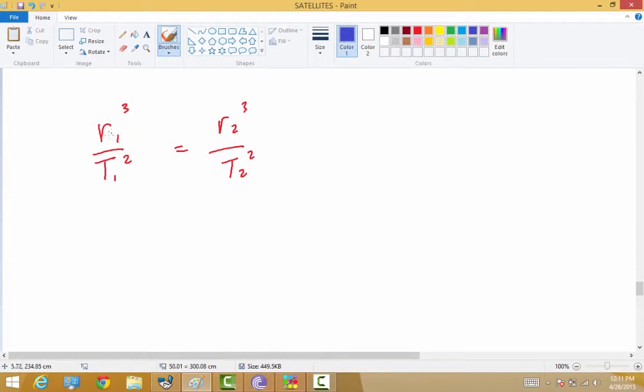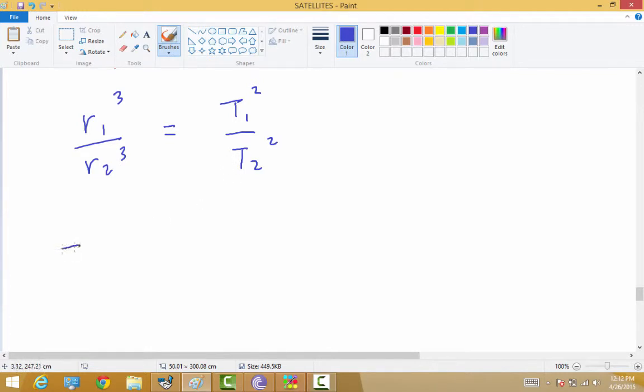We have R1 and R2, so we rearrange this a bit: R1 cubed over R2 cubed equals T1 squared over T2 squared.